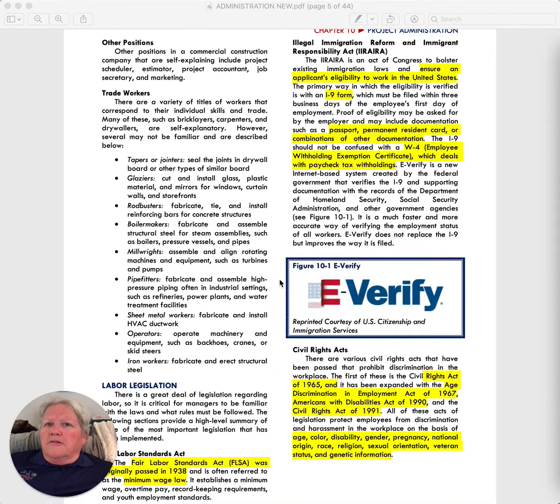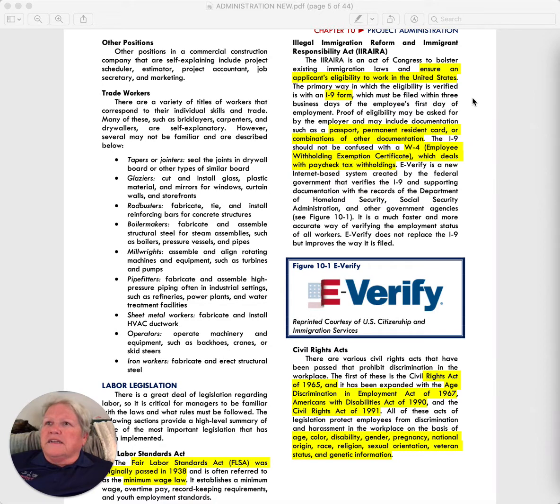The Illegal Immigration Reform and Immigrant Responsibility Act, boy, that's a lot of syllables for that acronym. Basically, what you need to know about this is where the I-9 form came into place. Any of you that have been hired by a state or federal agency, or even a private firm, know that you have to fill out an I-9.